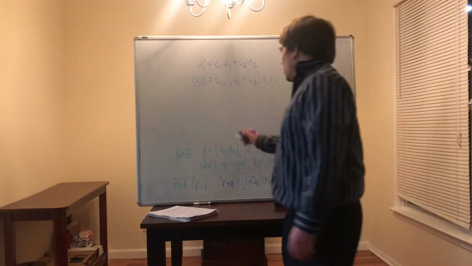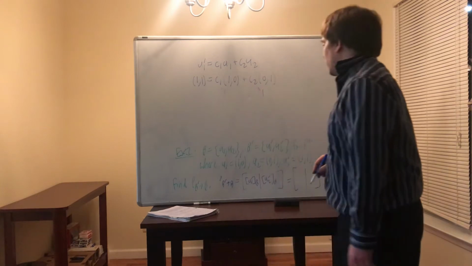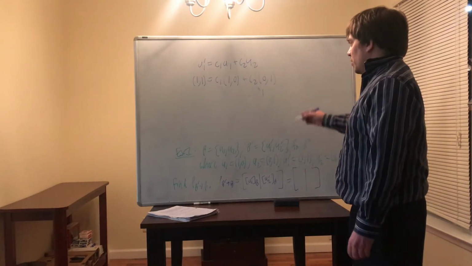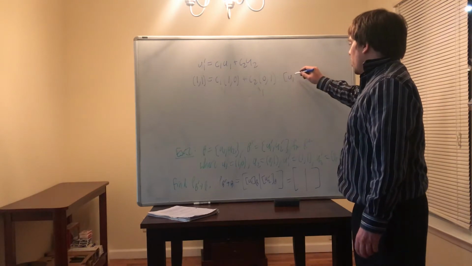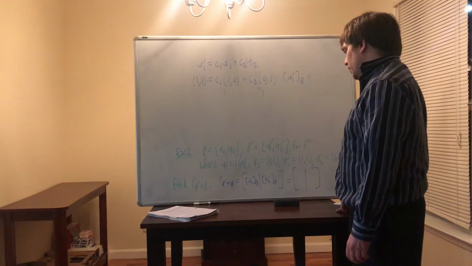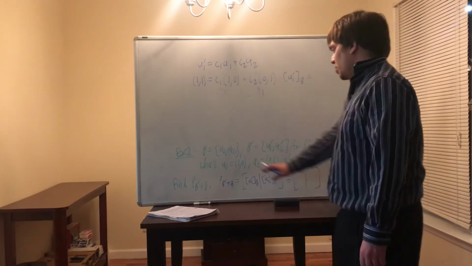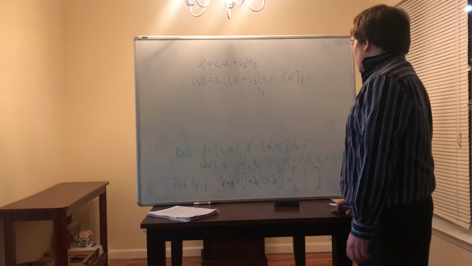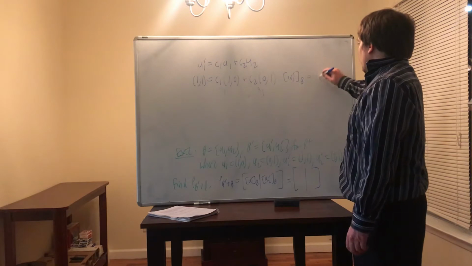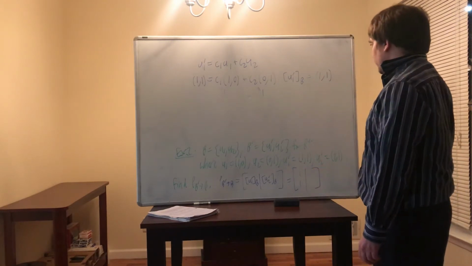Hope you see that C1 is obviously 1 and C2 is obviously 1, right? So since C1 is 1 and C2 is 1, the coordinates of U1 prime relative to B, with U1 and U2, is equal to (1, 1). And so the first column is 1, 1.